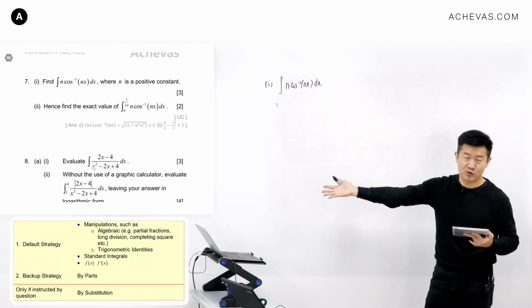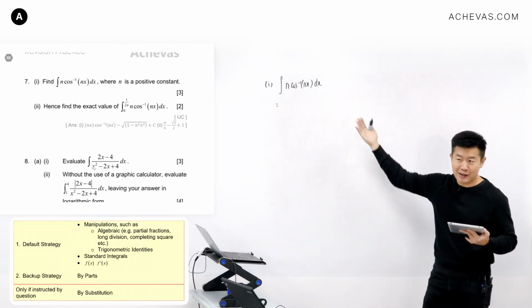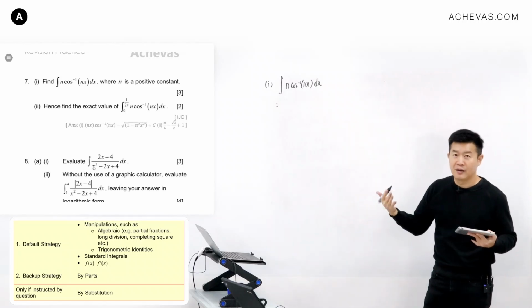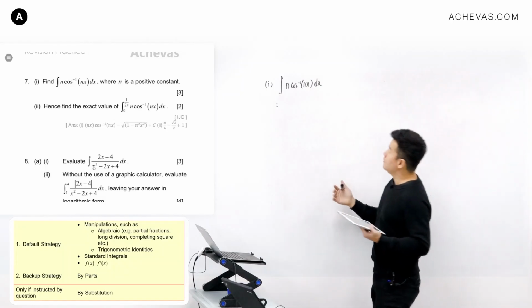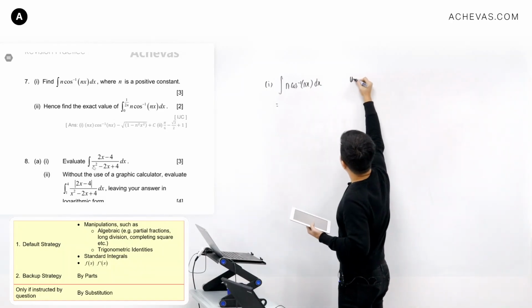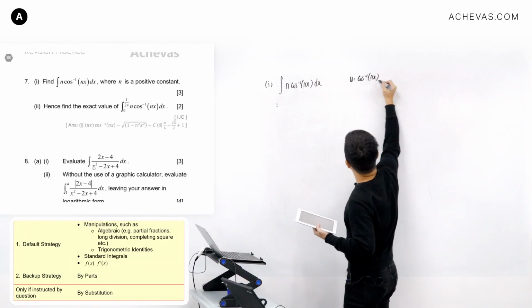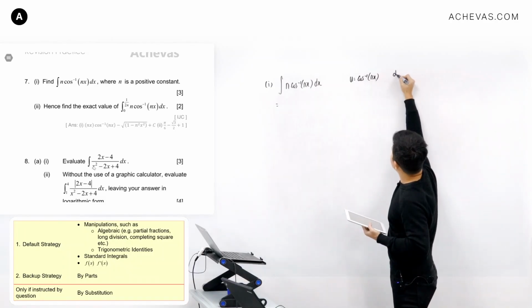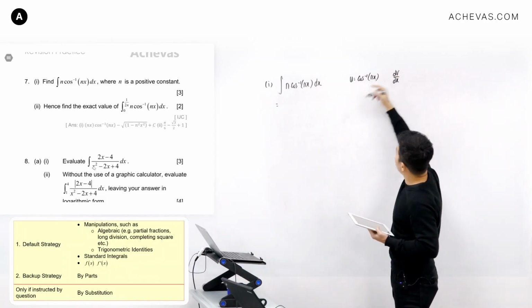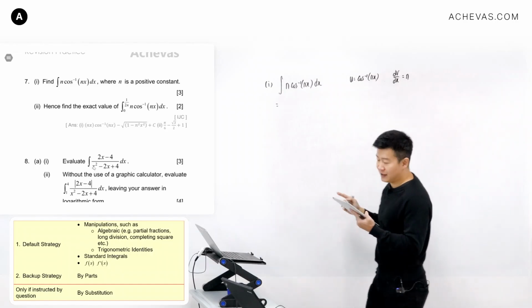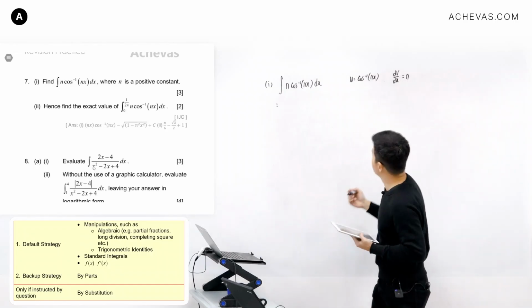That is why my default strategy should have already failed, and that means I have to make use of my backup strategy. So we are going to let u be equal to cosine inverse nx, and I'm going to just let dv/dx be equal to either 1, or maybe I can just let it be n. n is a constant, it's a positive constant.